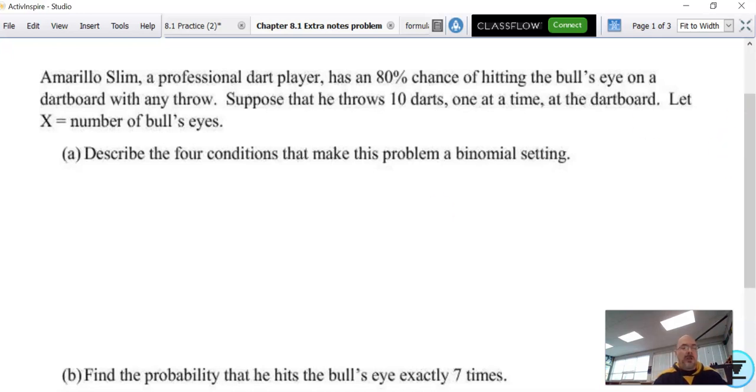All right, ladies and gentlemen, so number 1, I'm going to use S and F, S for success. Now, don't do that on my test, don't do that on the AP test, I'm just abbreviating here. So, success here is hit bullseye.